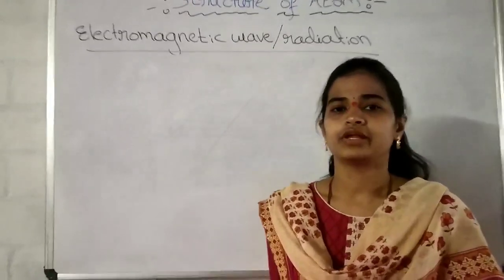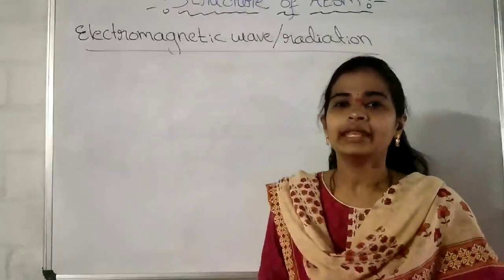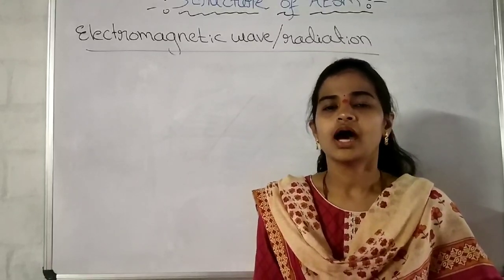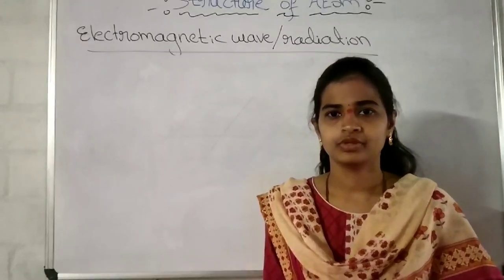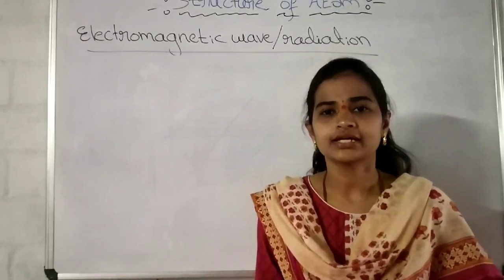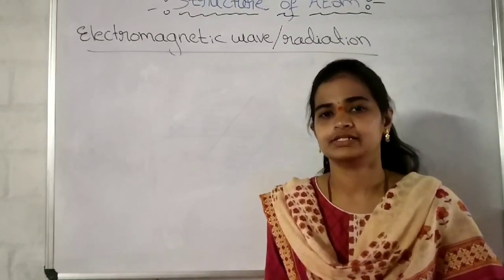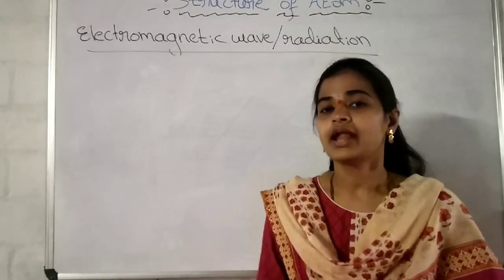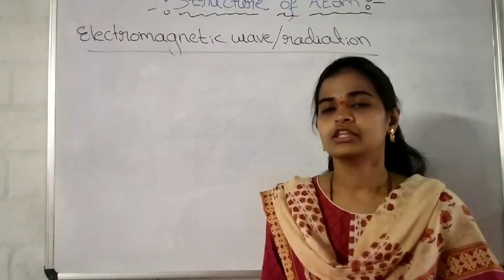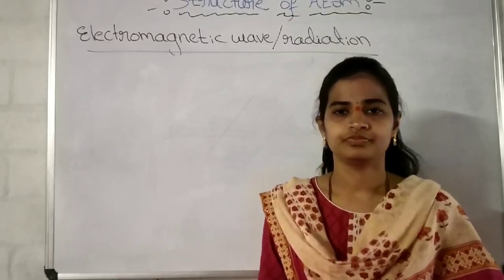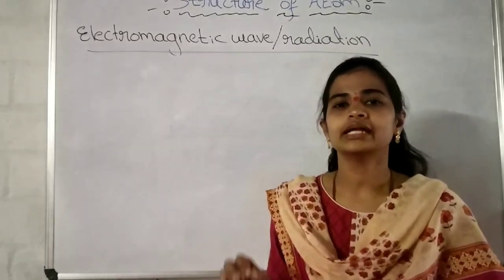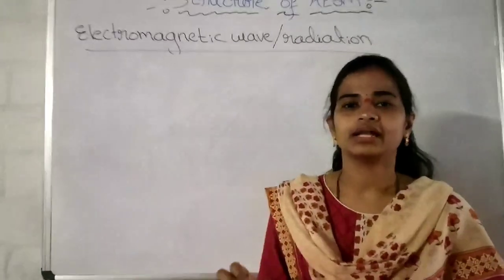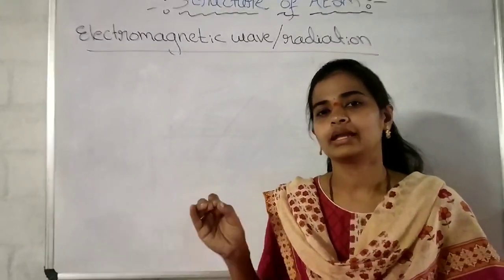When an electrically charged particle moves under acceleration, the alternating electric and magnetic fields are produced and transmitted in the form of wave. This is called electromagnetic wave or electromagnetic radiation.